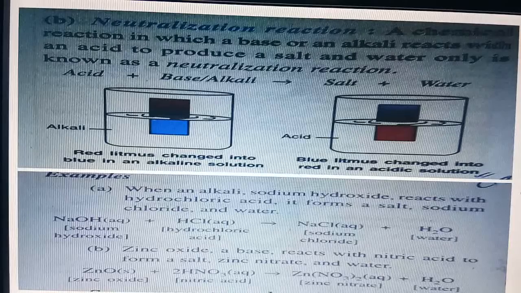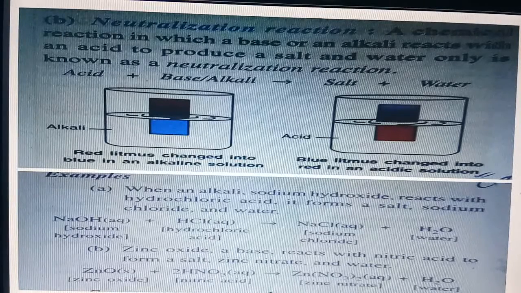When you take this, the base combines with the acid present in your stomach and neutralizes the acid. This base neutralizes acid and forms salt and water. So that is the reason why this reaction is called a neutralization reaction.